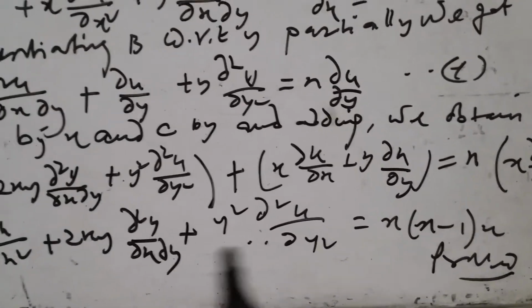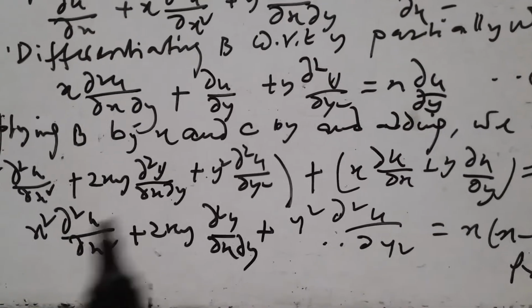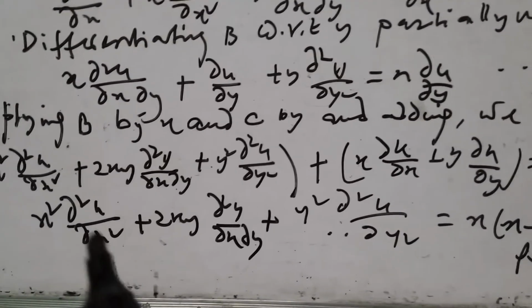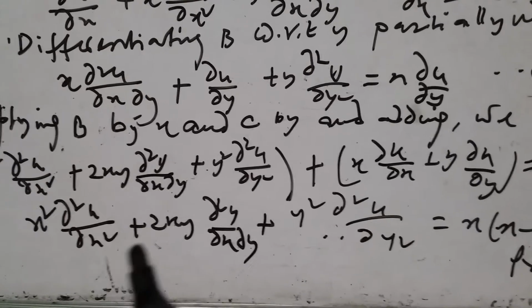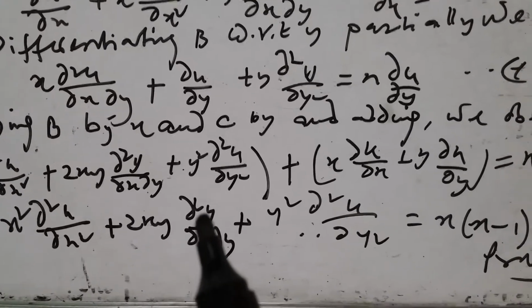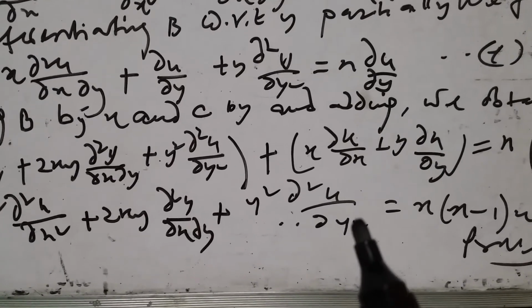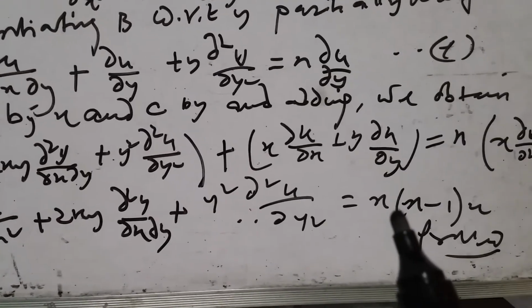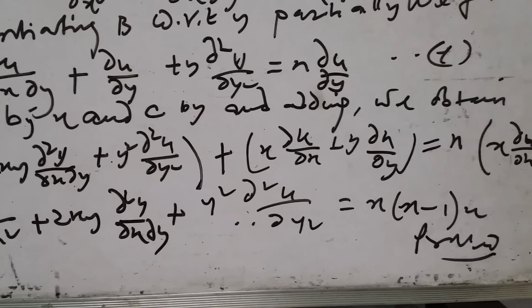So taking the right hand side, you see x square del 2u by del x square plus 2xy del 2u by del x del y plus y square del 2u by del y square equal to n into n minus 1 into u. Thank you.